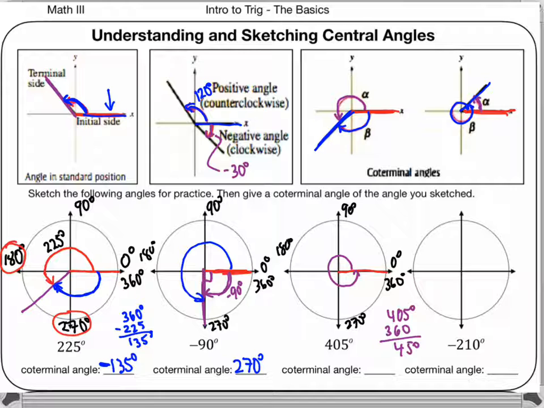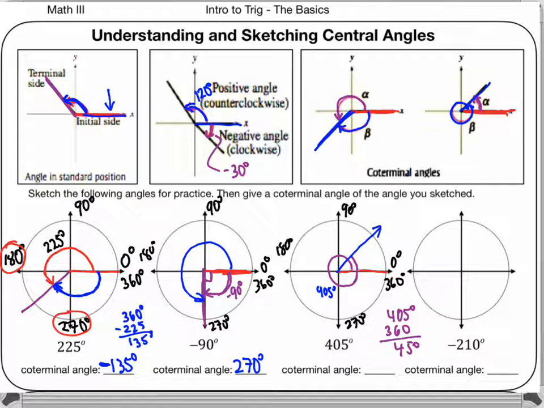So it's not going to stop right at the 360. It's going to keep going past that and go right to 45 degrees, and it is going to create this one right here. So it loops around, and that is going to be a 405 degree angle.